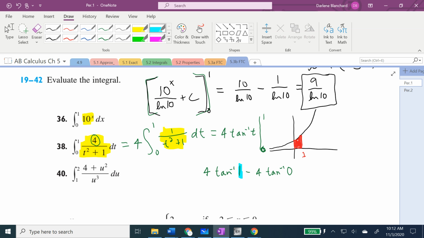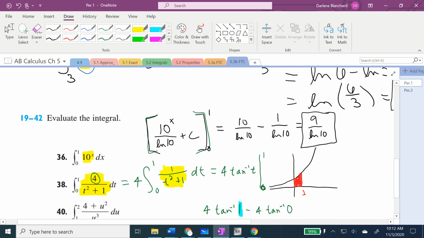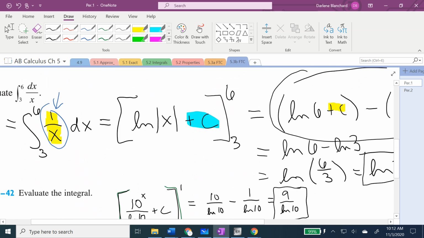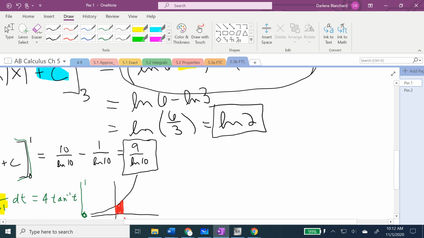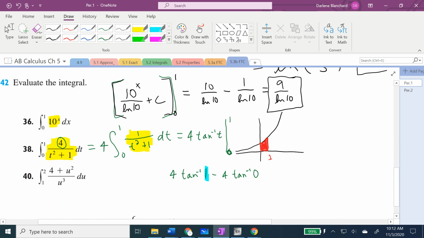I could put a plus c, but it's going to subtract itself out. Every time I do plus c, it'll end up being plus c minus plus c. And so I don't bother with it with the definite integral.